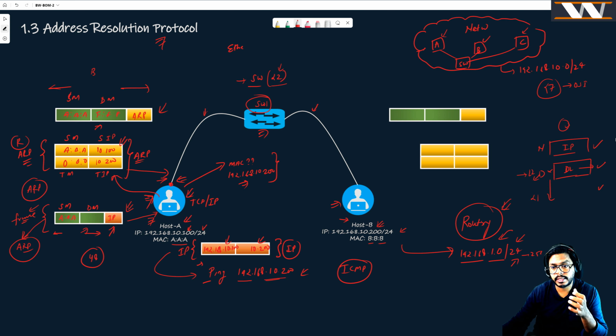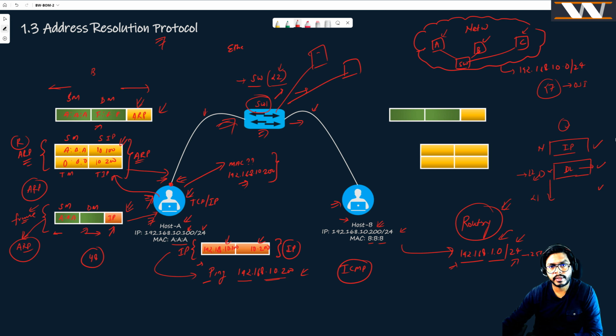As you know, this network contains 256 hosts, and there might be some more hosts connected to this switch, right? So this switch is going to send this message to every port which is connected to it, which is in up state, except the port on which the frame was received. It is as simple as that.